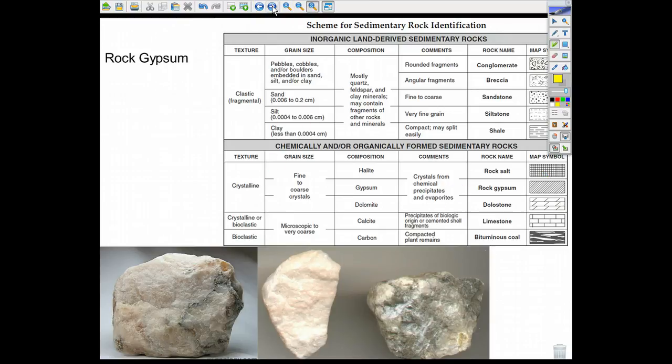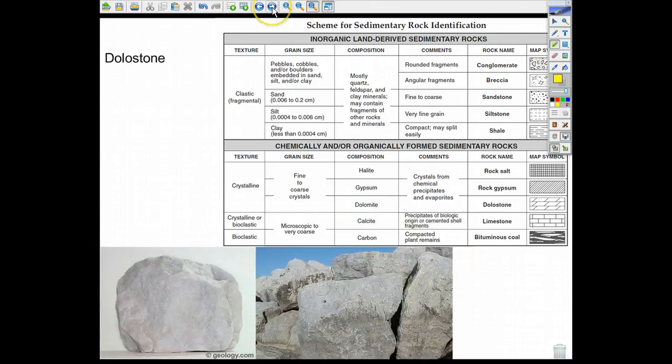You have gypsum, rock gypsum, which some of you may have seen in the samples already, but we'll get into a little bit more detail about that. If you haven't, you will experience them soon, so it'll be very difficult to sleep tonight probably knowing that. Dolostone is made of dolomite, which would be the next rock on the list. Okay, and then keep moving on.